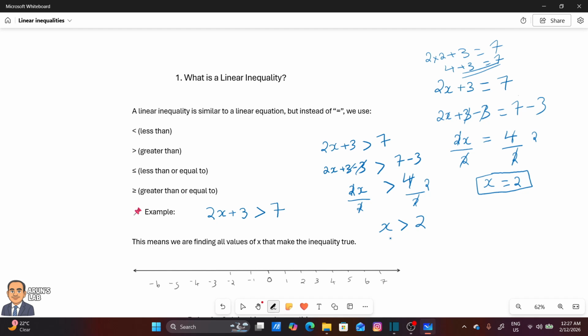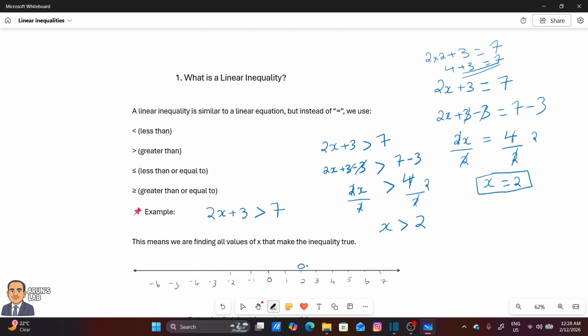All the values greater than 2, when substituted in this inequality, will make it true. So all the values above 2. How do we plot it? 2 is not included, because it's a greater than symbol, so we put an open circle, since 2 is not included.